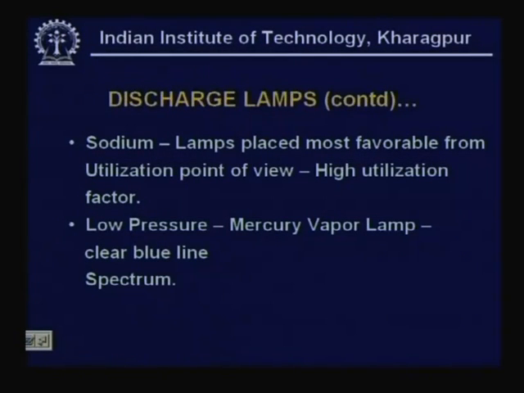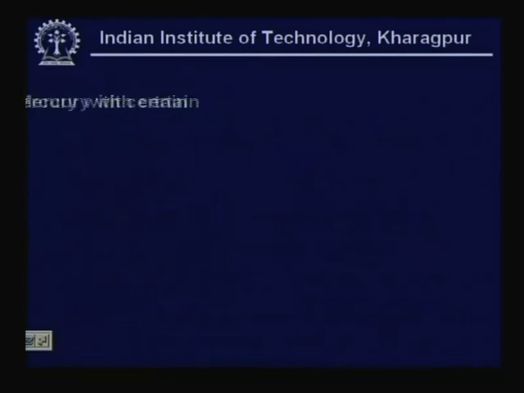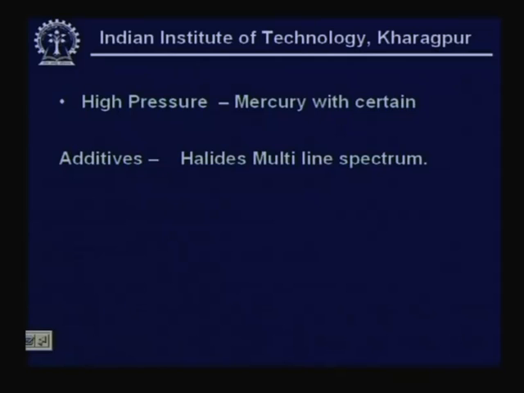The low pressure mercury vapor lamp has a clear blue line spectrum, whereas the low pressure sodium vapor lamp clearly has a monochrome yellow orange spectrum. High pressure mercury with certain additives, halides, which could be bromides or iodides, improves the spectrum.